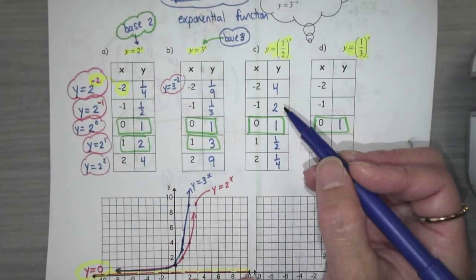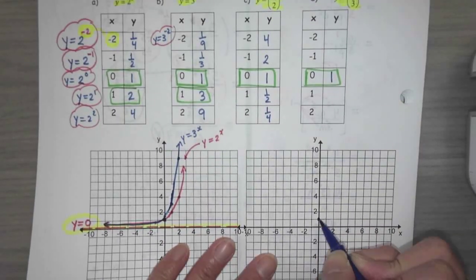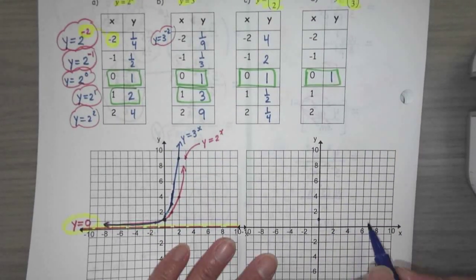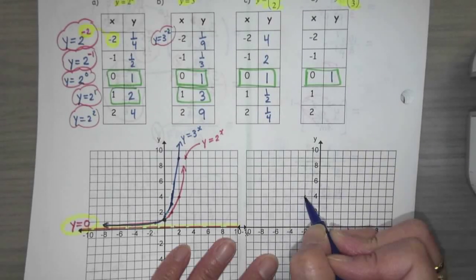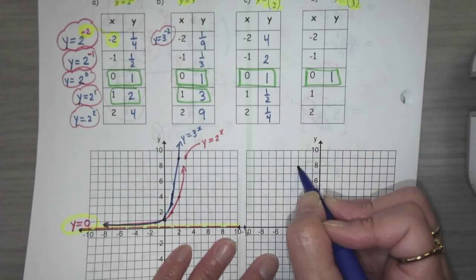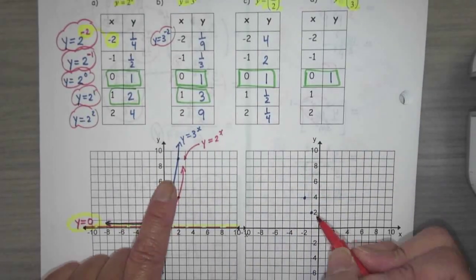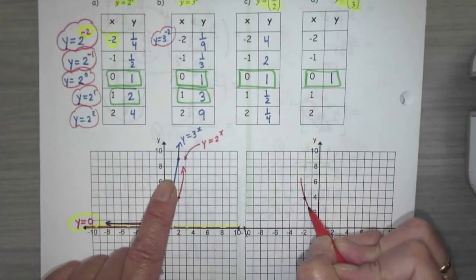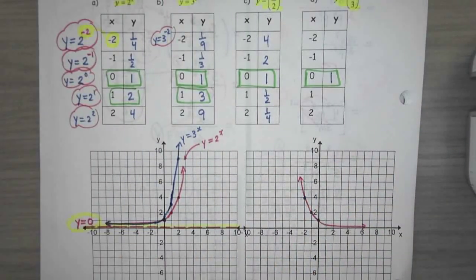So then what happens is that when you graph this guy, so let's graph this one over here, it's still going to be 1, and here it'll be fractions on this side, but look, when you go negative 1, it'll go 2, negative 2, it'll go 4, negative 3, it'll go 8, like it'll go up this way. So it's exactly, I'll do this in red, same as this red one here, but flipped.